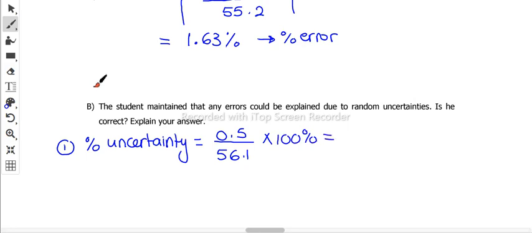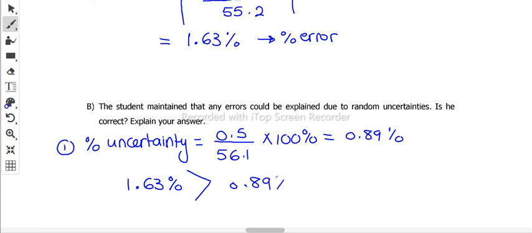And your final answer would be 0.89%. Now I will be comparing the percentage uncertainty with my percentage error. So I will find that the percentage error taken from part A is larger than the 0.89 percentage uncertainty.